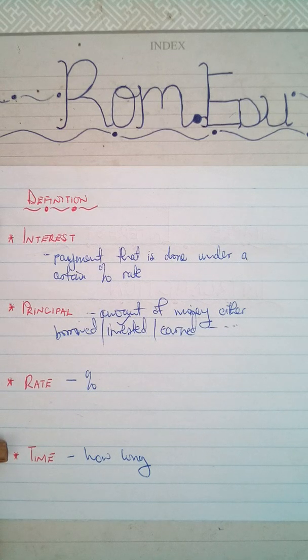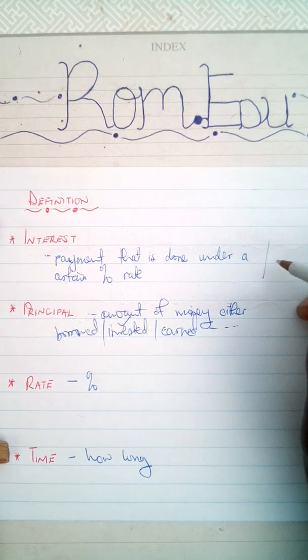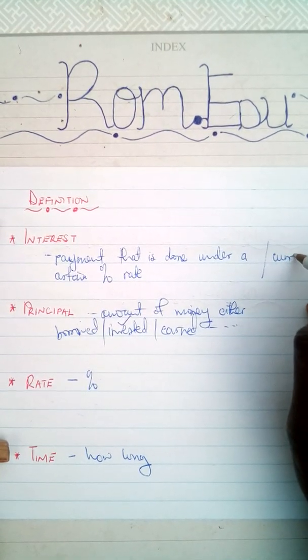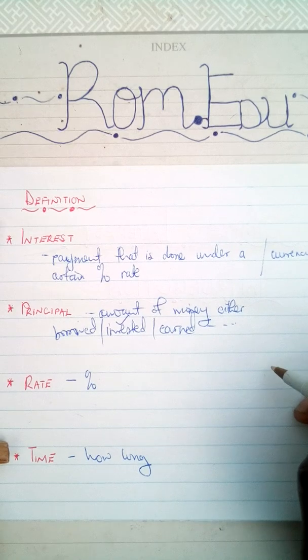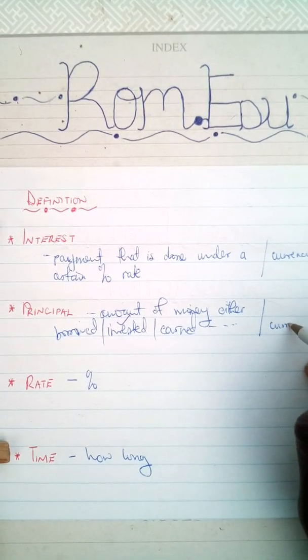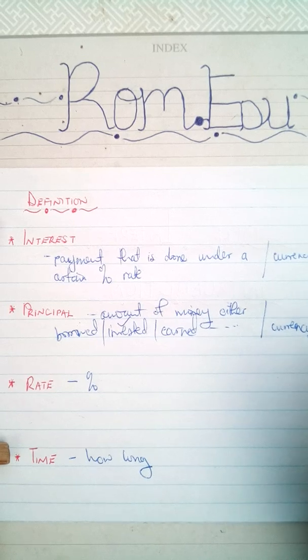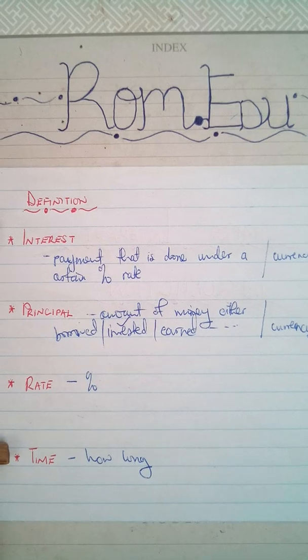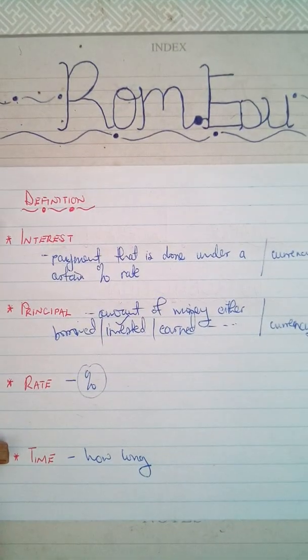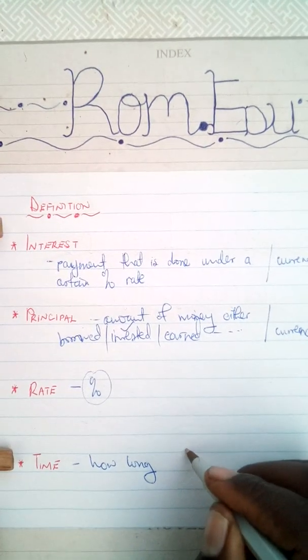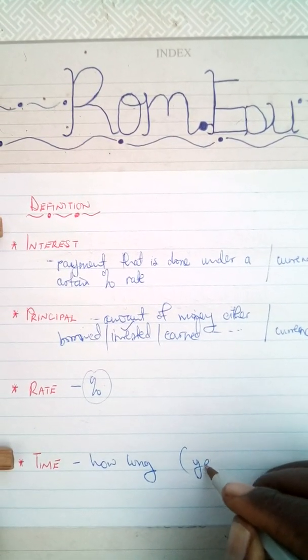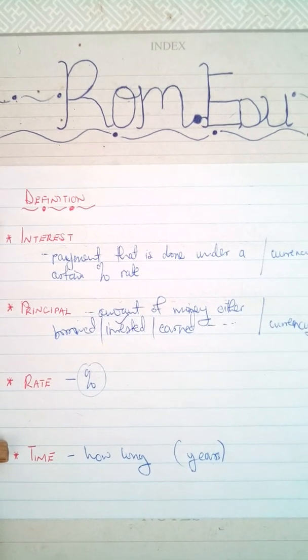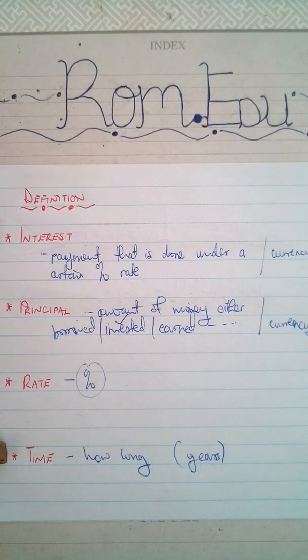Interest is an amount of money, so we look at units of currency. Principal is again money, so currency in general, because sometimes we'll be dealing with francs or pounds, depending on the currency you are using. Rate is measured in percentage. Time we measure in years.